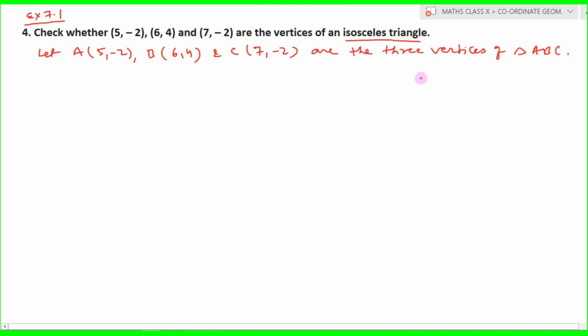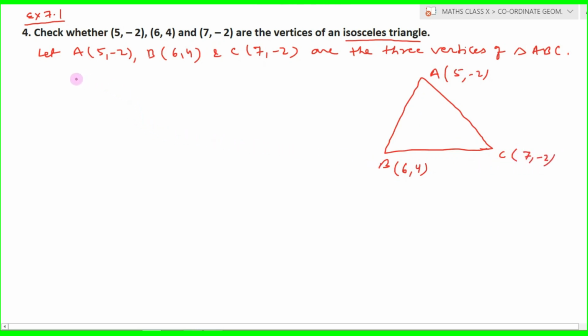Suppose this is the triangle A, B and C, and we have taken the coordinate of A as (5, minus 2), B as (6, 4) and C as (7, minus 2).